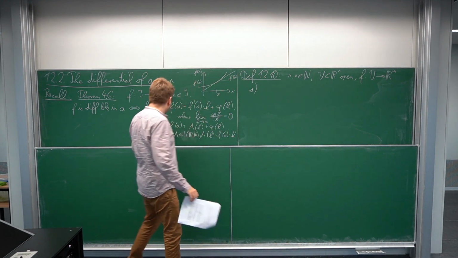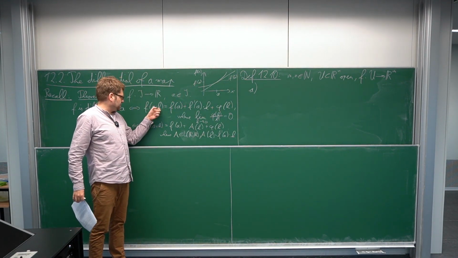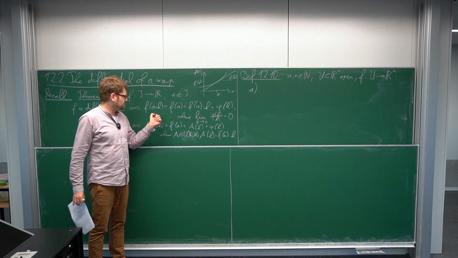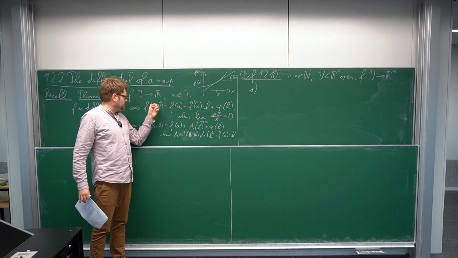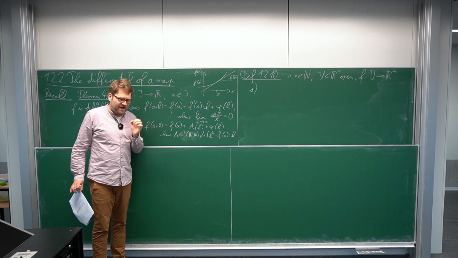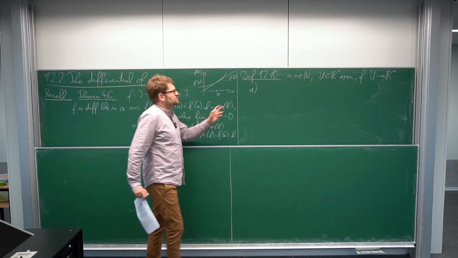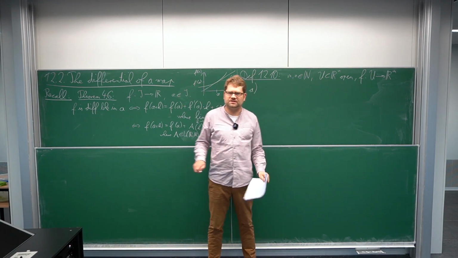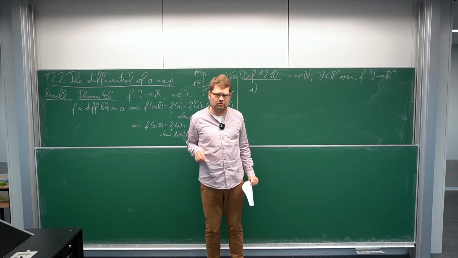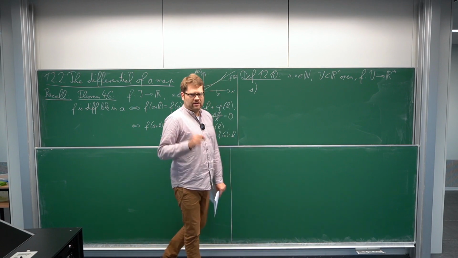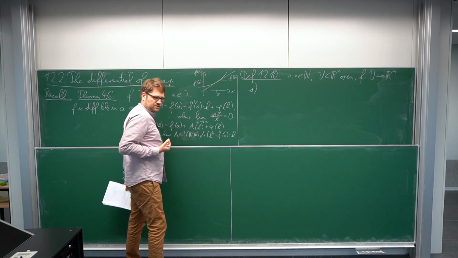Because if we want to generalize this, we need to do this for values of h, and we need to ensure that if h is sufficiently small, so if we're close to a, this is really well defined. So f of this is defined, and this is where the openness condition comes in: we need a little space around a, a little epsilon ball in which we can move around, such that we can formulate these conditions there.